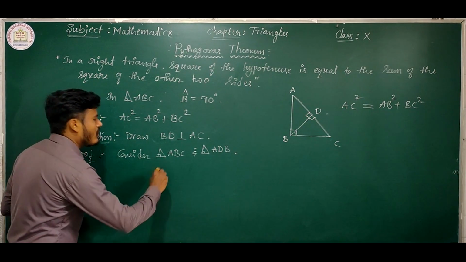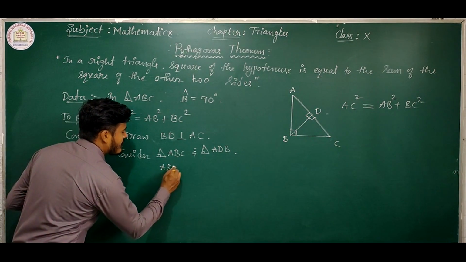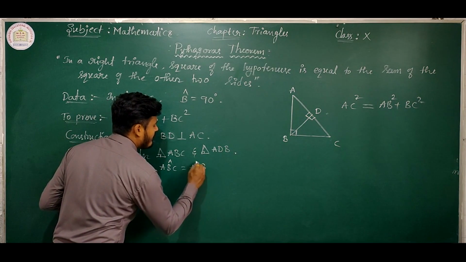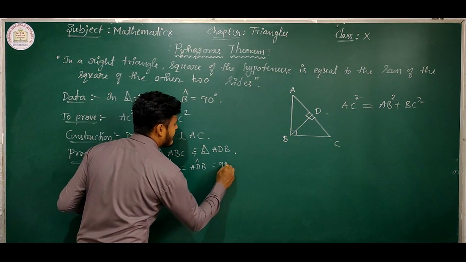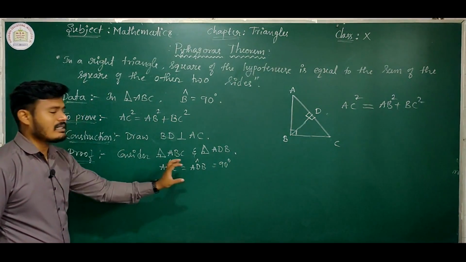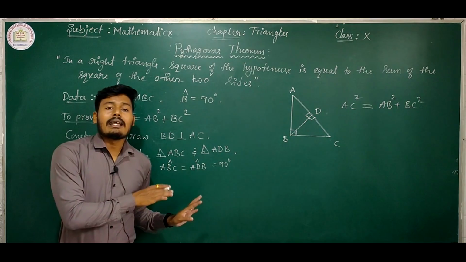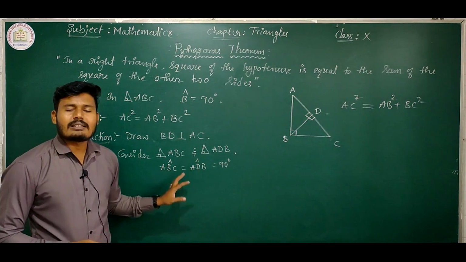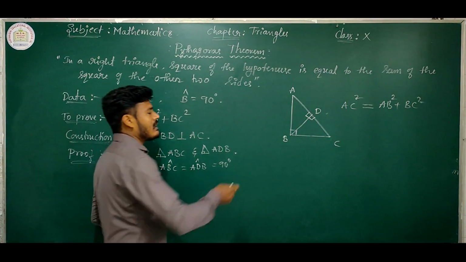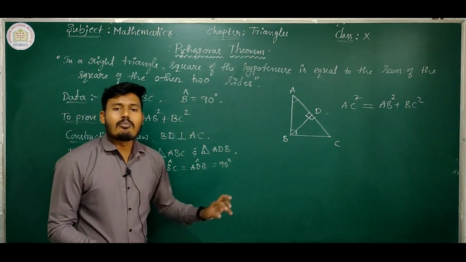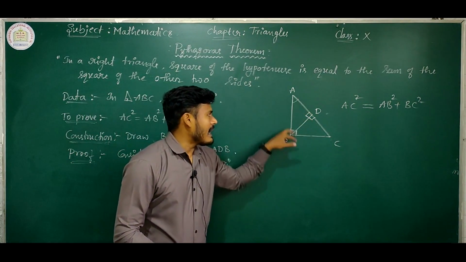Yes, of course, we know that in triangle ABC, angle ABC is equal to angle ADB, because both are right angles. And one more angle is there, because we should apply the AA criterion for proving these two are similar. So one more angle is A, which is a common angle of both triangle ADB as well as ABC.